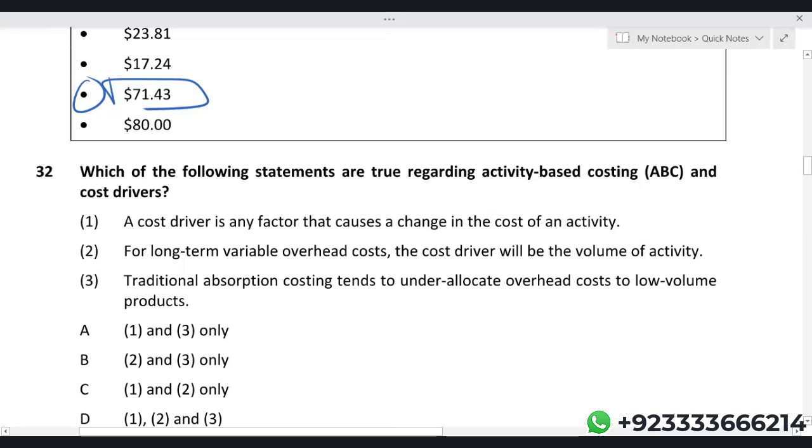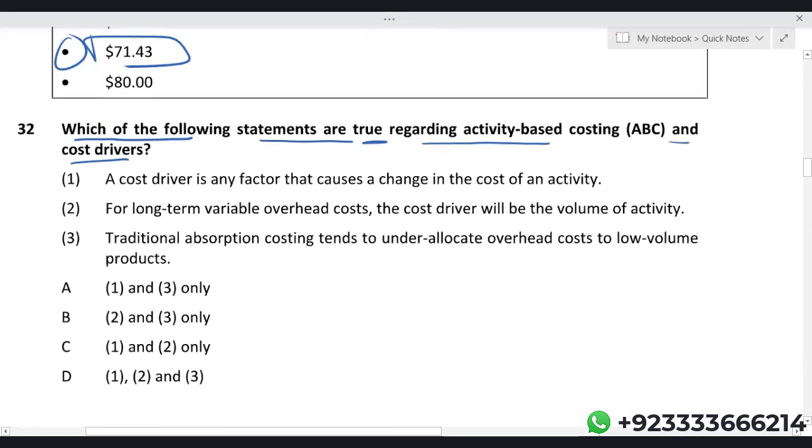Which of the following statements are true regarding activity-based costing and cost drivers? Which of the following statements are true regarding ABC and cost driver?